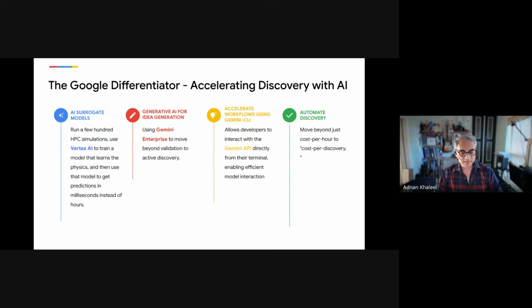It's amazing to see the advances and improvements that the team has made, even in the short span of the 6 or 7 months that I've been here, from idea generation to doing some of the coding and being an active member of your science discovery team. That's really what excites me: when you look at all of these tools, not just in isolation but in tandem, they are very, very powerful.